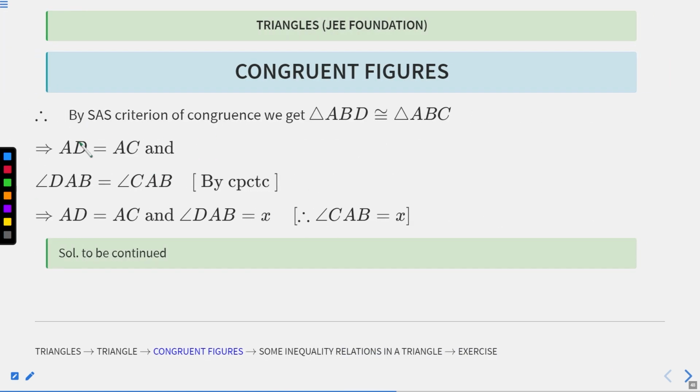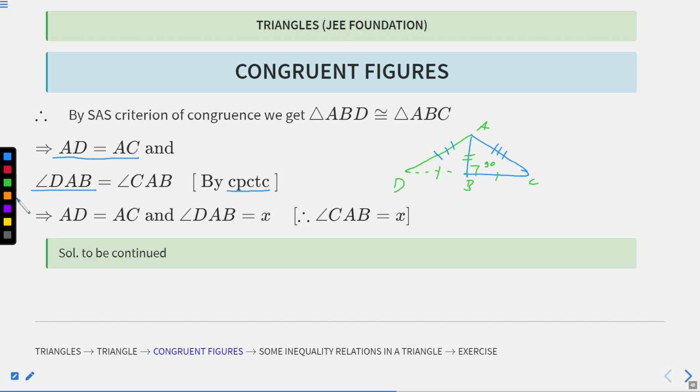Now this length is equal to this, and this was already the common length, so the remaining length must be equal to the remaining length in the other triangle. From this I can say AD is equal to AC. Now by corresponding parts of congruent triangles, I can say angle DAB.